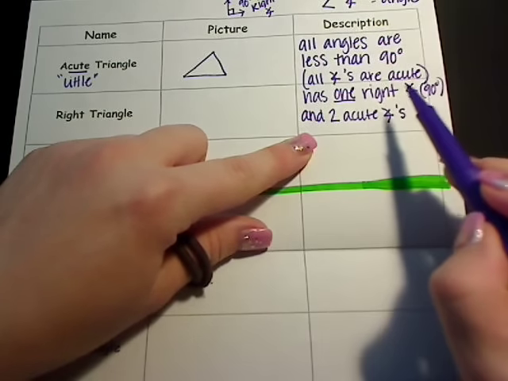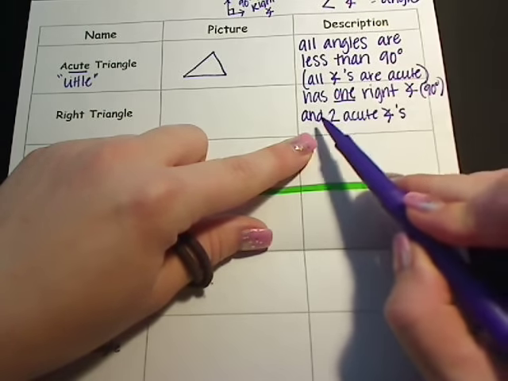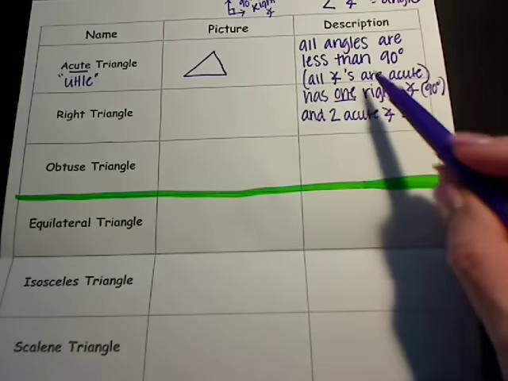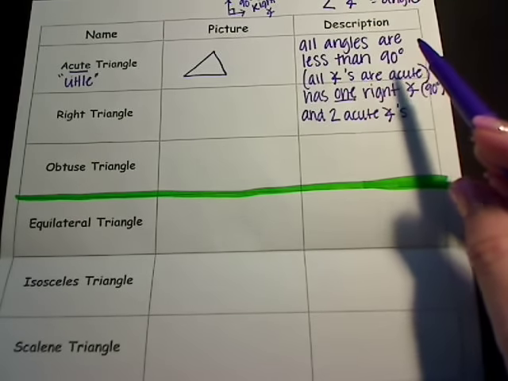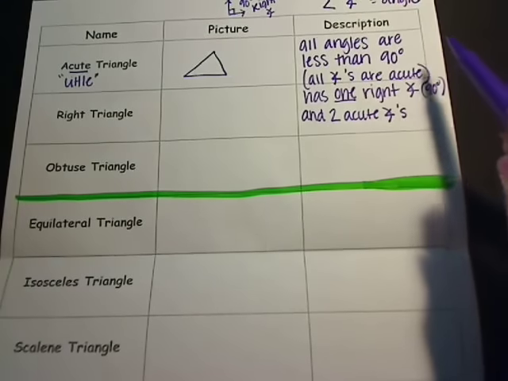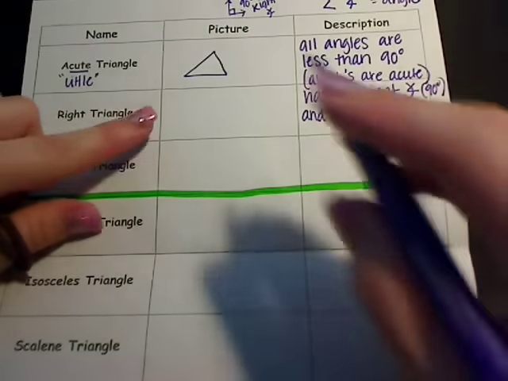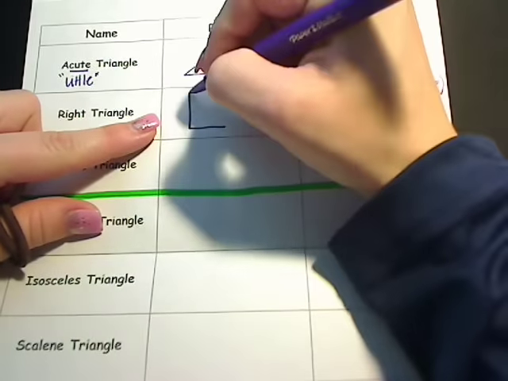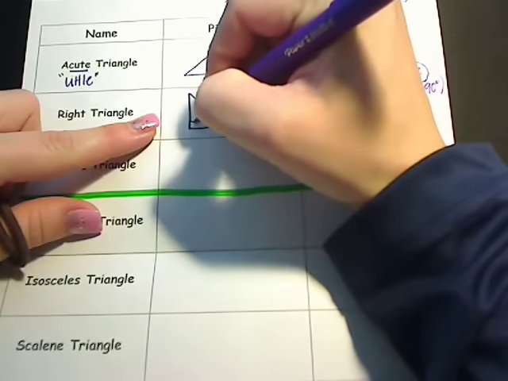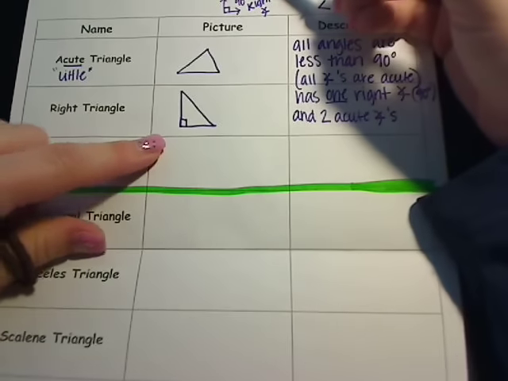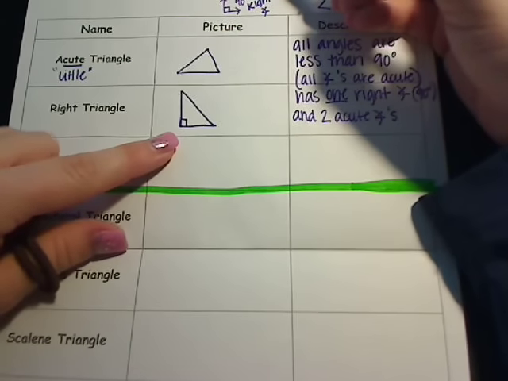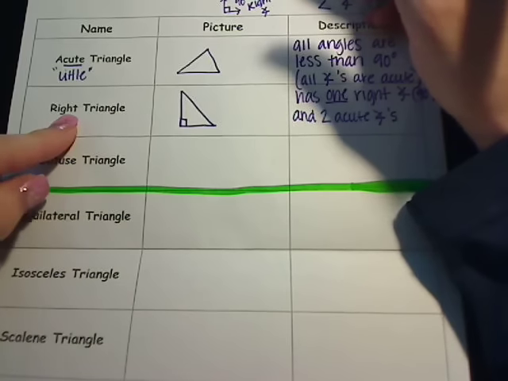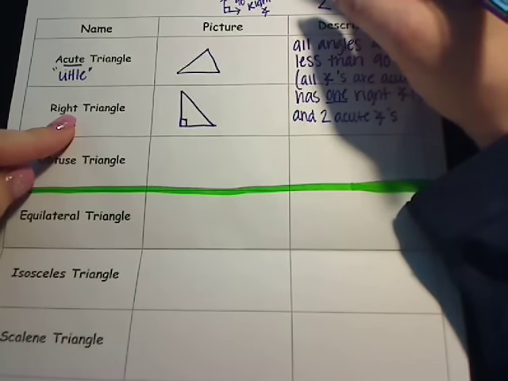Remember, acute angles are less than 90 degrees. If I were going to draw a right triangle, those are probably the easiest ones to draw. It's a triangle with a right angle, so these are super easy to spot. If you see a triangle that has a right angle in it, it's automatically a right triangle.